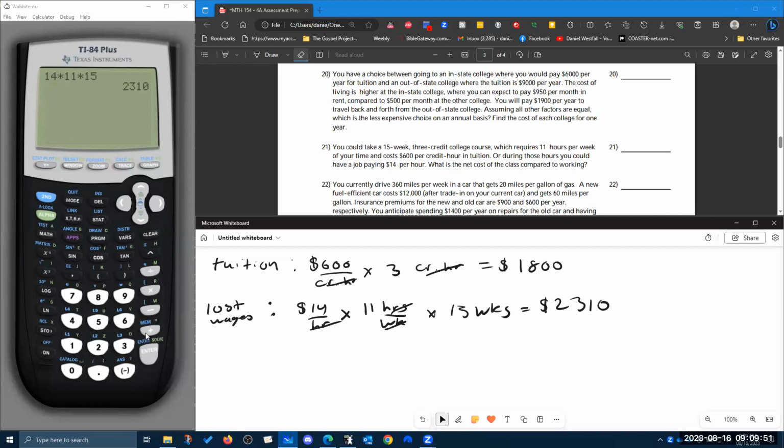We need to add our tuition costs to that, and your net cost of taking this class is $4,110, because you're paying money out of your pocket, plus you're not putting money into your pocket. Those are two negative components, so this is a net negative.